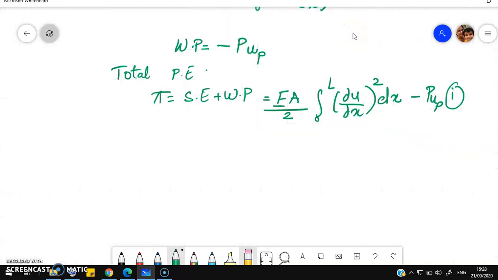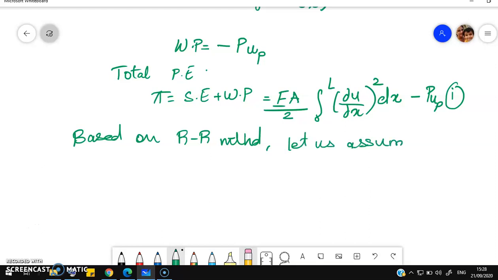Now, based on the Rayleigh-Ritz method, let us assume an axial displacement at any point as, so this is what we saw in the derivation.